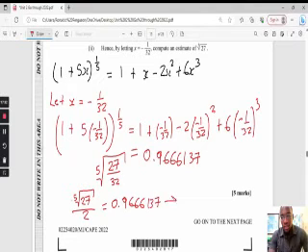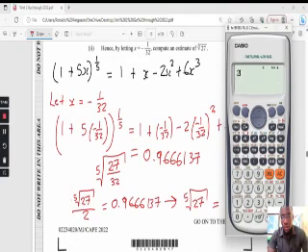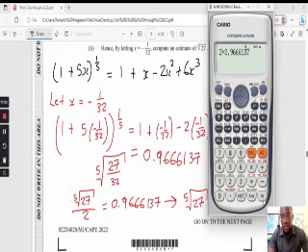That's equal to 0.9666137. If we cross multiply, that means that the fifth root of 27 is equal to 2 times this. So you're just going to cross multiply and put 2 times 0.9666137. I'll put that in the calculator, and that's 1.93.